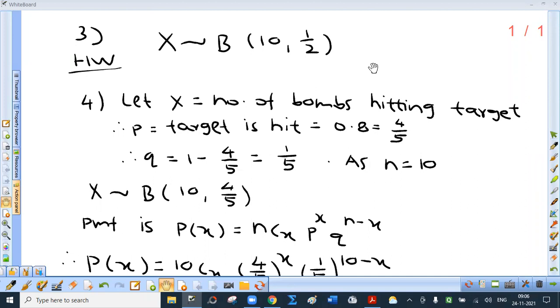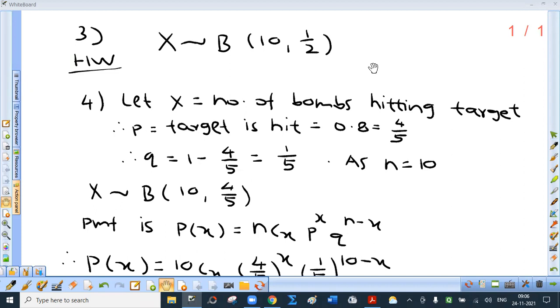Sum number 4. The probability that a bomb will hit a target is 0.8. Find the probability that out of 10 bombs dropped, exactly 2 will miss the target. Okay. Let X stand for number of bombs hitting the target. p, probability that target is hit, is given to be 0.8, that is 4 by 5.